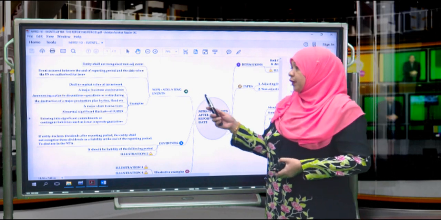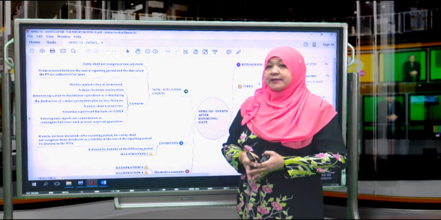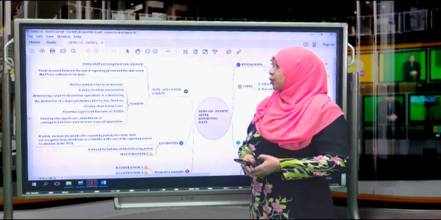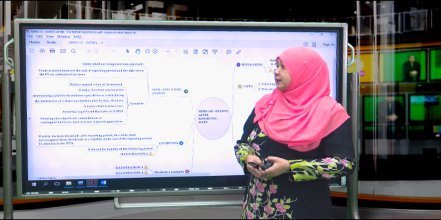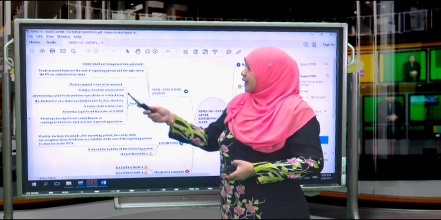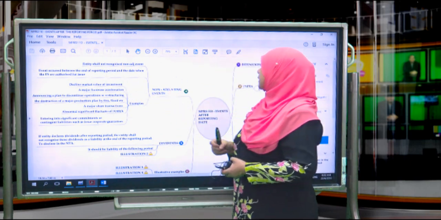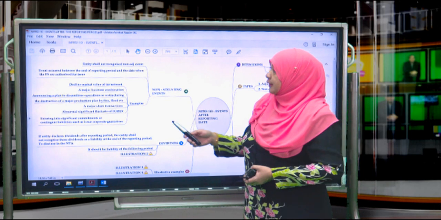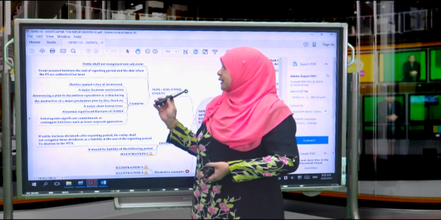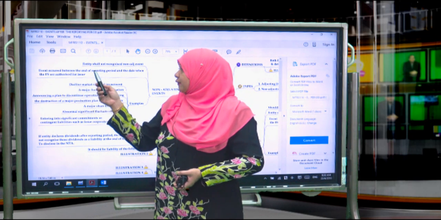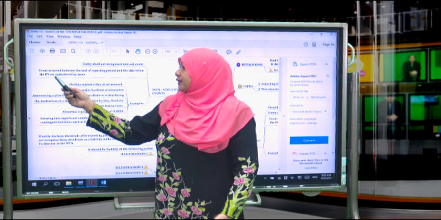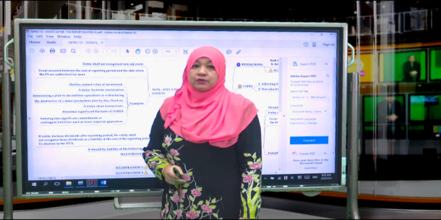Now for non-adjusting events, it's the other way around: even though the event arises, we do not need to adjust for it. So the entity shall not recognize non-adjusting events. Non-adjusting events are events that occur between the end of the reporting period and the date when the financial statements are authorized for issue.